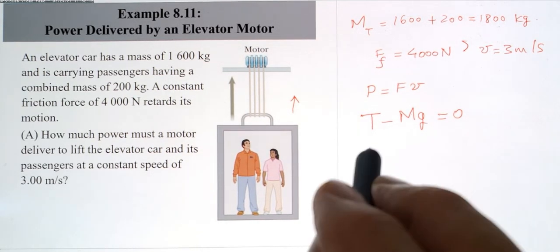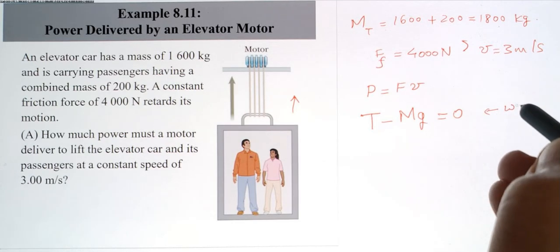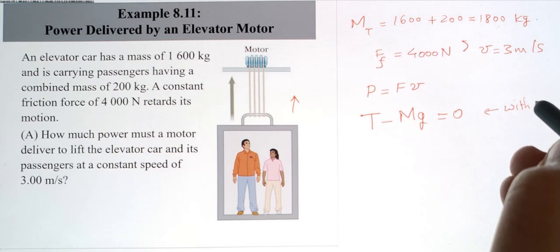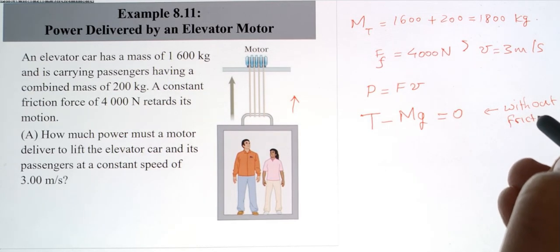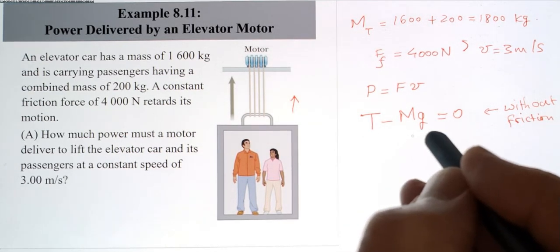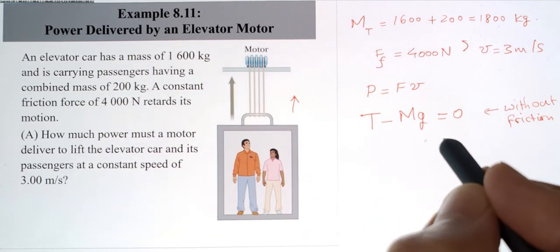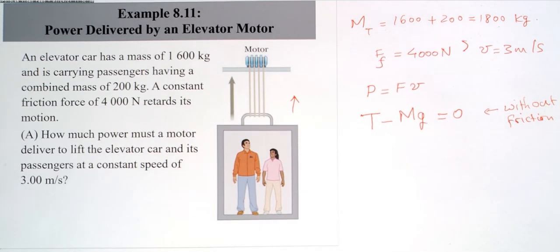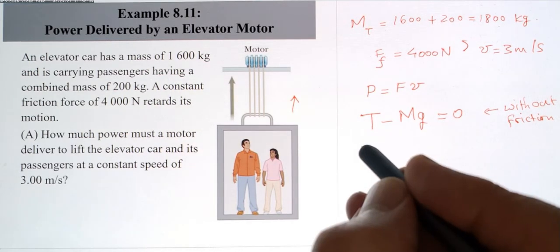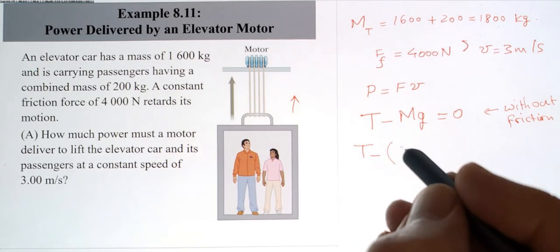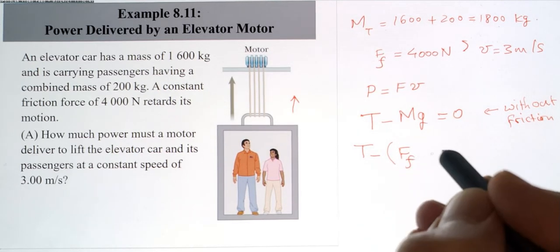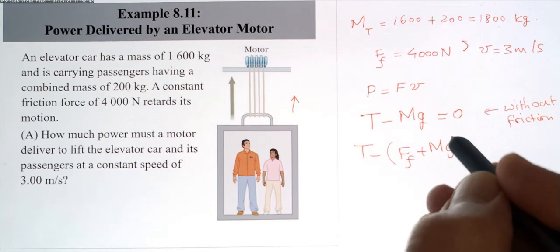Remember how many problems we solved: T minus mg equals 0 because there is no friction. Now, when we add friction, it is T minus force of friction plus mg equals 0.